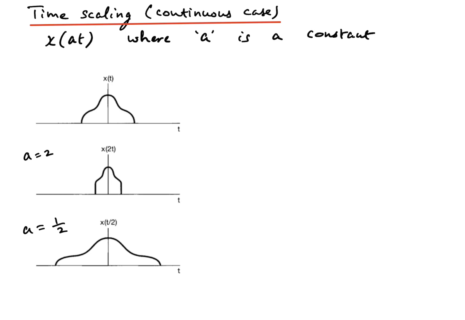Again, to understand this in a better way, let's take the example of a music signal on a magnetic tape, in a cassette. Suppose you have a video or an audio of, let's say, 1 minute, and if you're playing it at the normal speed, you will get the audio, the music, for the complete 1 minute. If you play it at double the speed, at 2 times the speed, then the 1 minute audio will become half a minute audio, because you have played the tape at twice the speed.